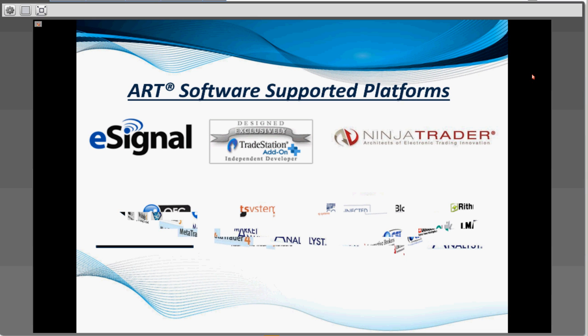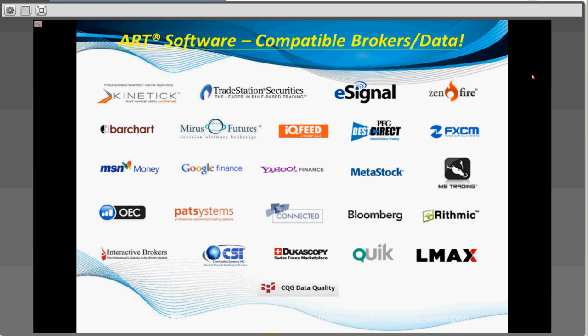Now, through the use of these platforms, they have the ability to connect to a lot of different brokers and data providers. For example, NinjaTrader can connect to Interactive Brokers. It can connect to eSignal, Zenfire. So one platform can have the ability to connect to different brokers and data dealers.